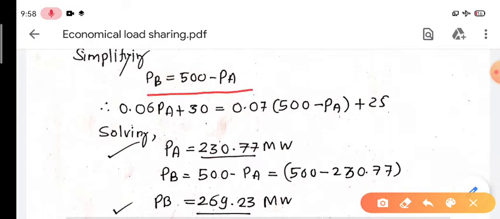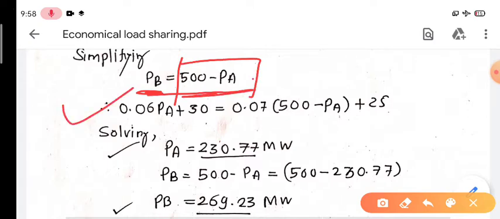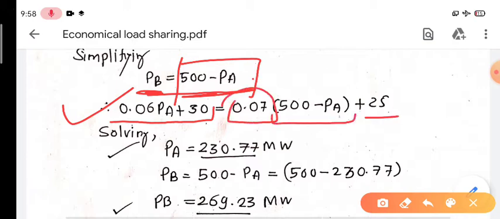With the help of it, we can write PB equals 500 minus PA. By putting this value into the incremental rate principle, we will have 0.06 PA plus 30 equals 0.07 multiplied by (500 minus PA) plus 25.